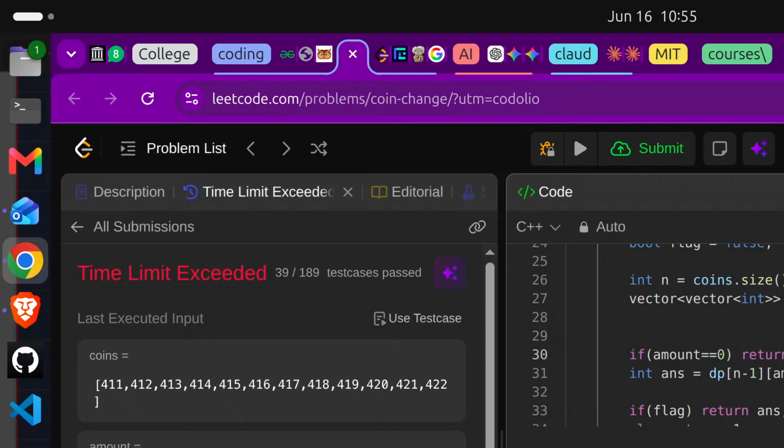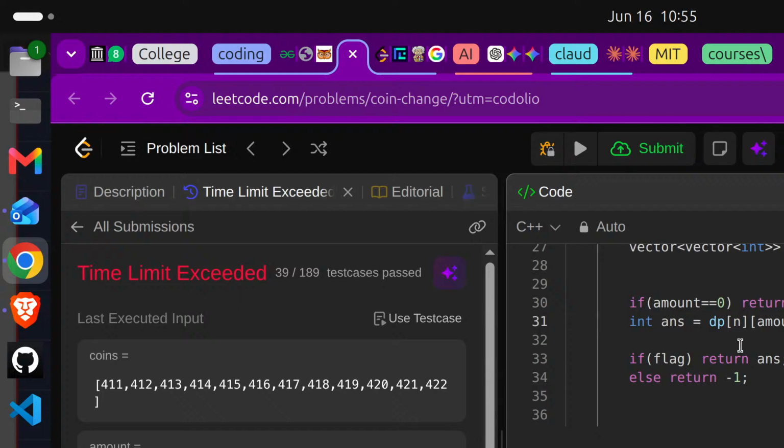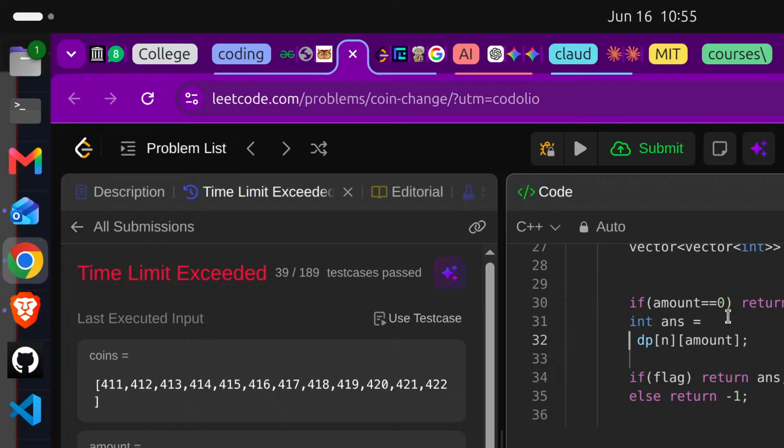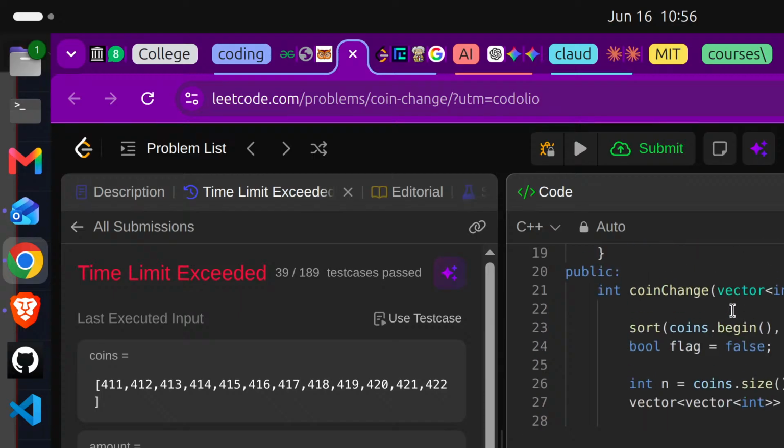Okay, so the thing is, guys, I have to call the functions first. So answer is equal to this, f of coins, comma, the next thing we are taking the amount, right?